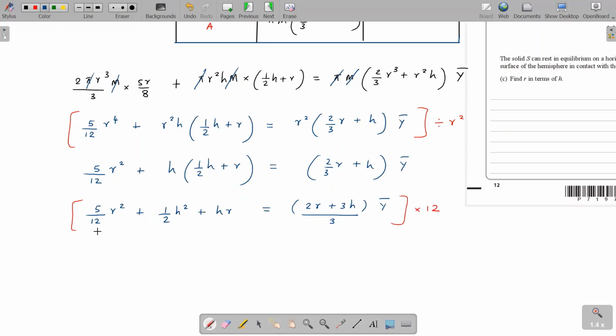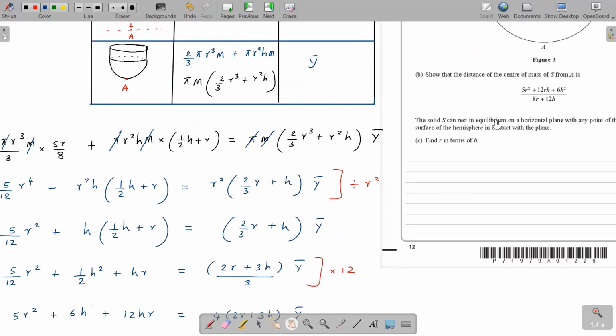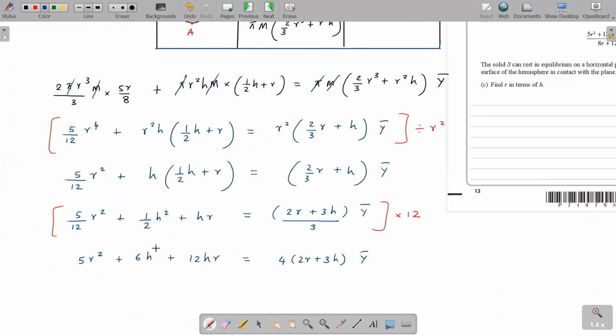When I multiply everyone with 12, 5/12 r square into 12 gives me 5 r square. 1/2 h square into 12 will give me 6 h square. This is 12 hr. Here 3 and 12 cancel and you have 4 times 2r plus 3h into y bar. I think I'm getting to show that, am I? Yeah. 5r square, 12rh plus 6h square. Yeah, this is the h square, right?